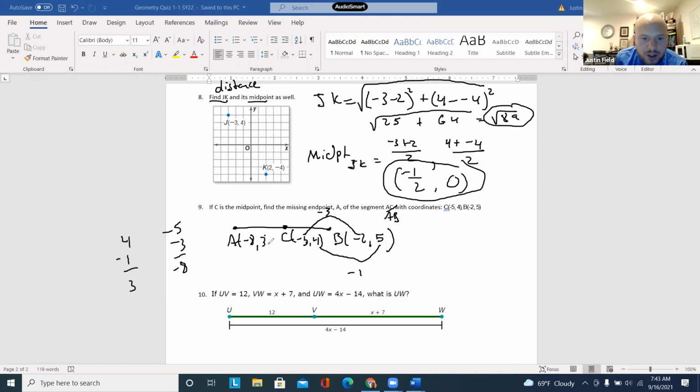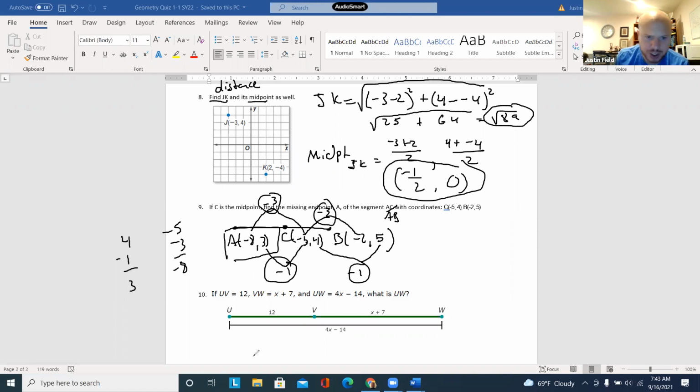The y coordinate is 3. And now, just to make it clear, we go backwards 3, so that we know that C is in the middle, and the y's go backwards 1, so going backwards 1 again. The distances have to match so that C is in the middle. So the answer was A, the coordinates are negative 8, comma 3.